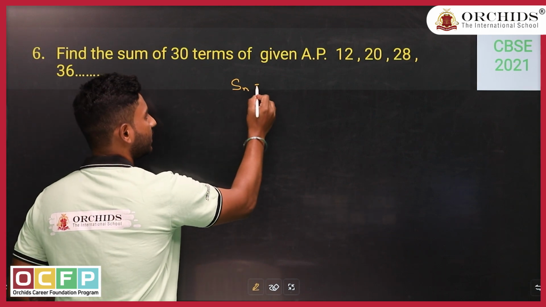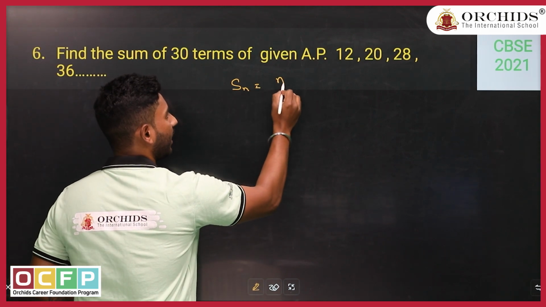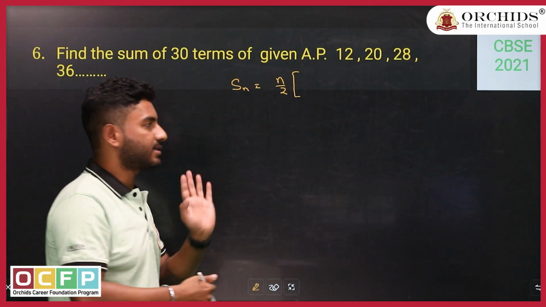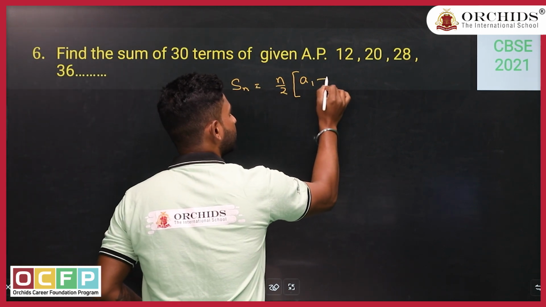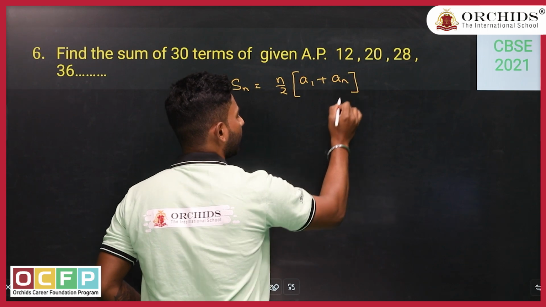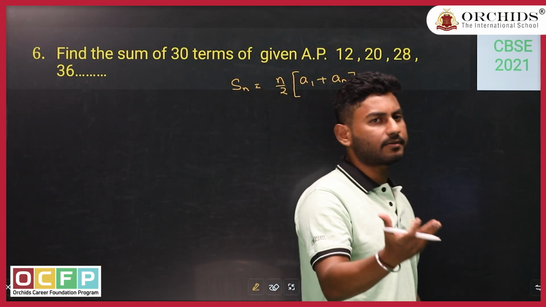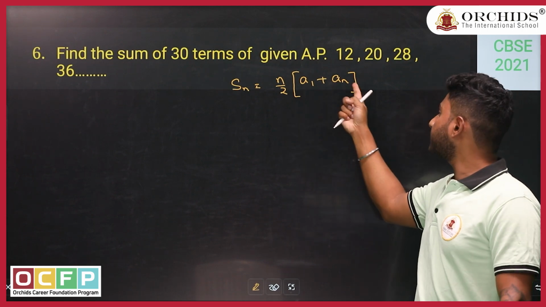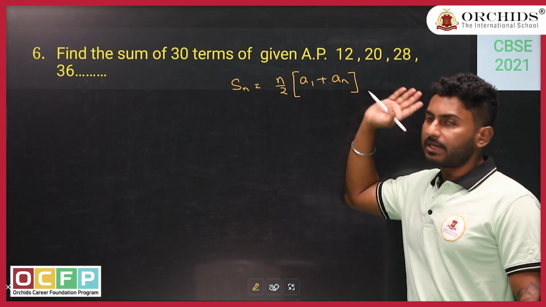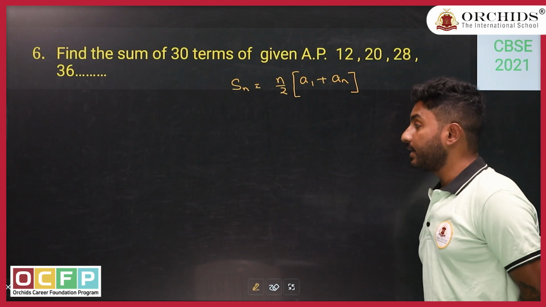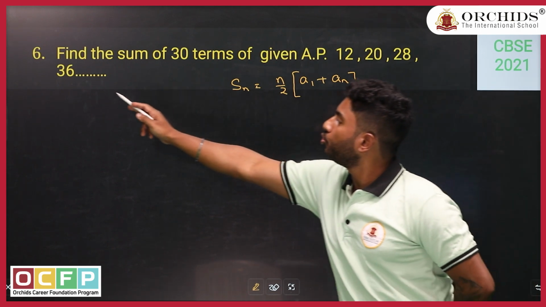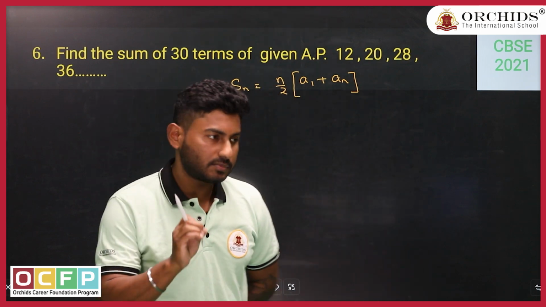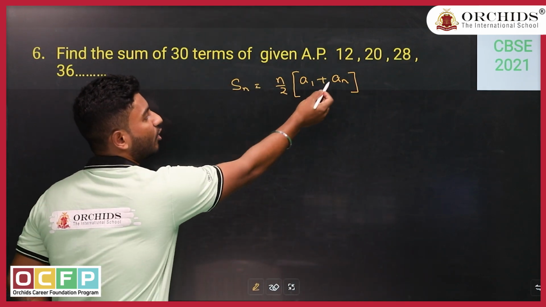Sum of all the terms of an AP, n by 2 first term plus last term. Okay, first term plus last term. Here is one of simpler formula for the sum of AP. Just take the first term, just take the last term, multiply with n by 2. Now the thing is, in this particular AP, do you know the last term? We don't know, right?